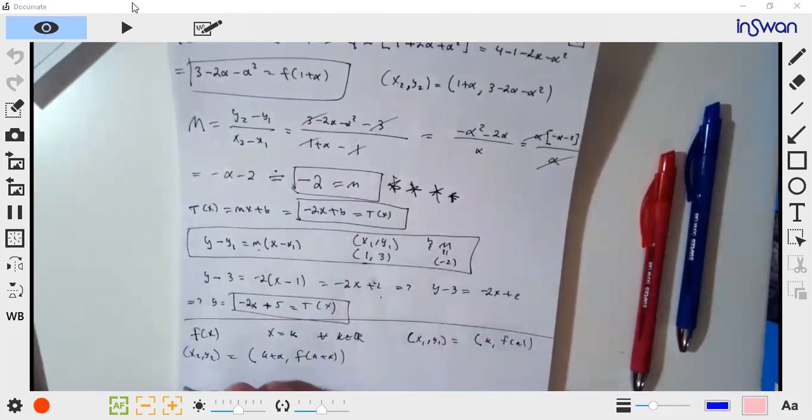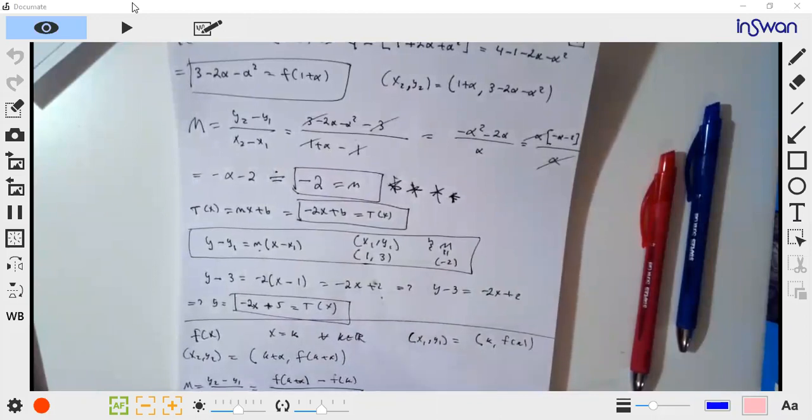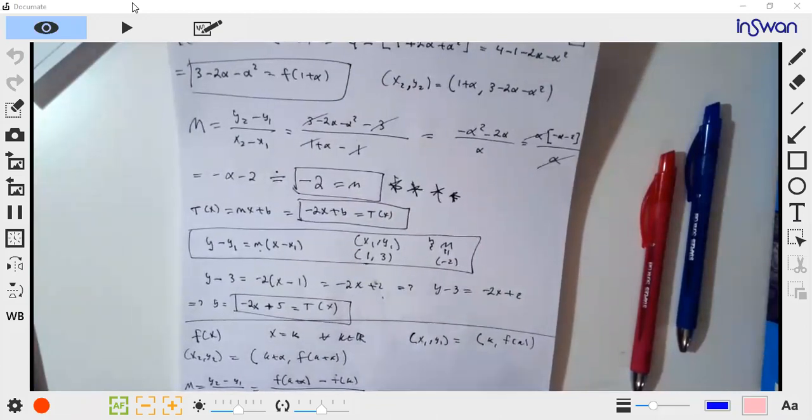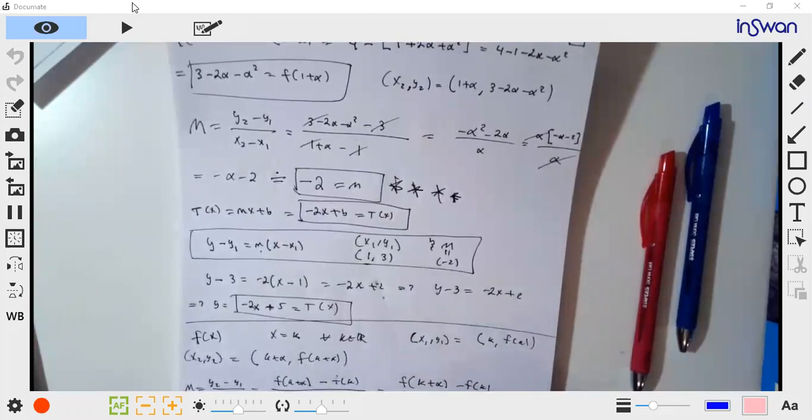And so when we find the slope, m is equal to y2 minus y1 all over x2 minus x1, we get f of k plus alpha minus f of k all over k plus alpha minus k. Okay, these k's cancel. So this reduces to f of k plus alpha minus f of k all over alpha, which is equal to our slope, m, in general, for any function.